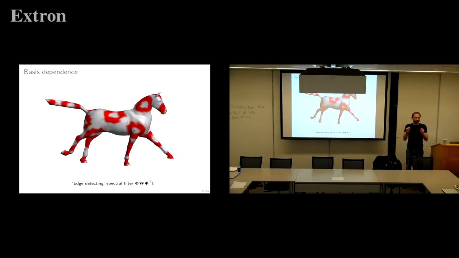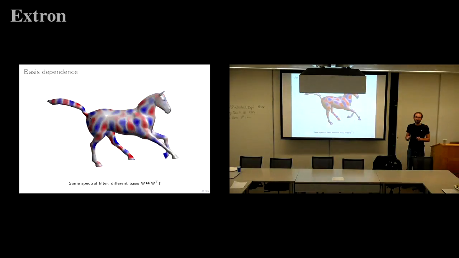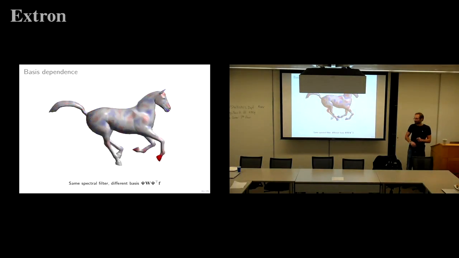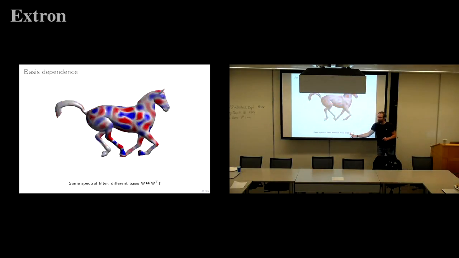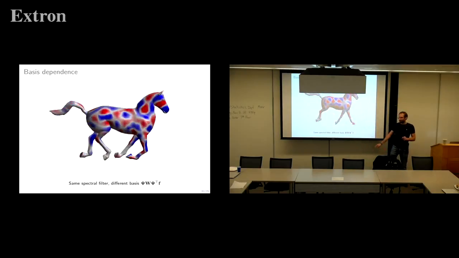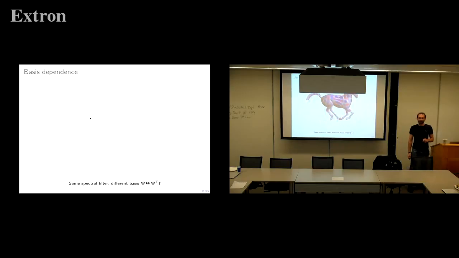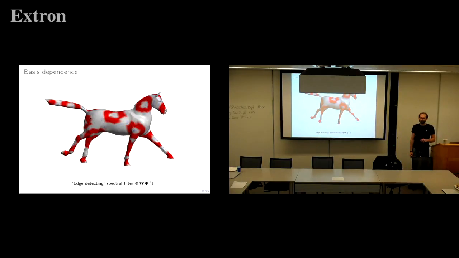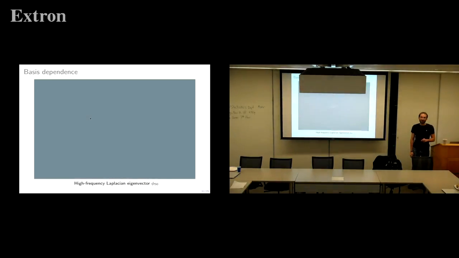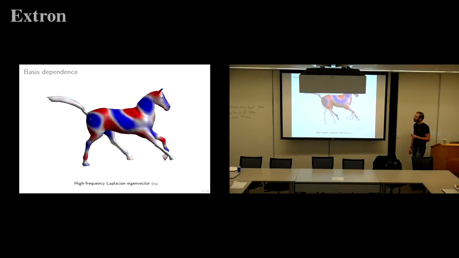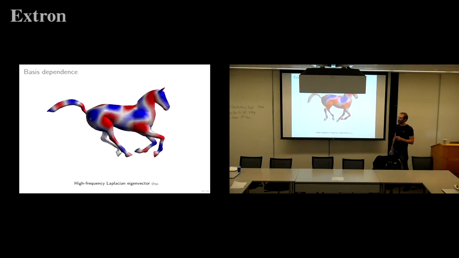Now, if I slightly deform this object, basically I change the graph, but only a little bit, almost isometrically. Basically, the horse now will be moving. You see that the result is totally different. The basis here changes with each different pose. The filter is kept the same, but the result is totally different. I don't get what I expected. And the reason is that the eigenfunctions, especially the high frequencies, the eigenvectors of the operator, are extremely unstable.